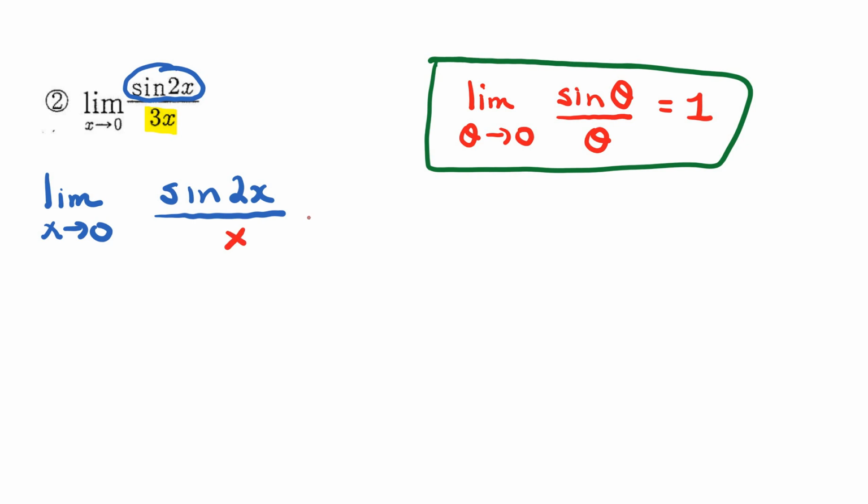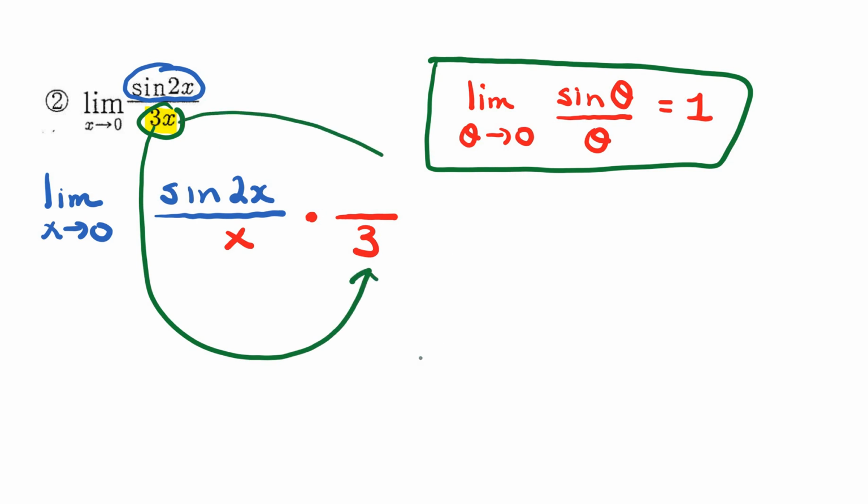I'm going to put the x down there, then a multiplication sign, and then the 3. So I'm simply rearranging the 3x. The 3 is right there, and the x is right there.